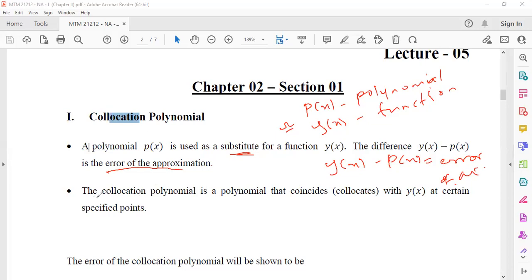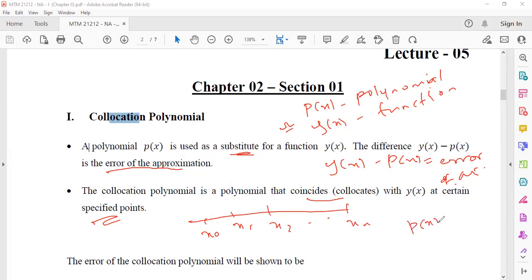Then the next point: the collocation polynomial is a polynomial that coincides or collocates with y(x) at certain specific points. Let's say we have points x0, x1, x2, up to xn.